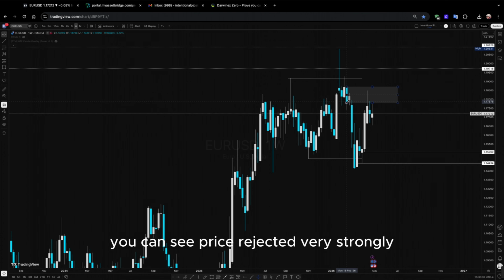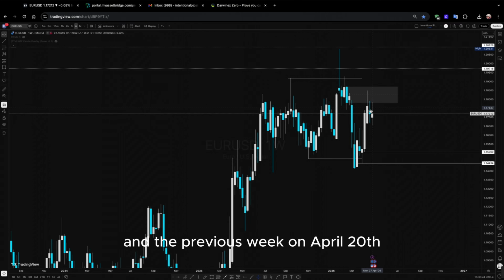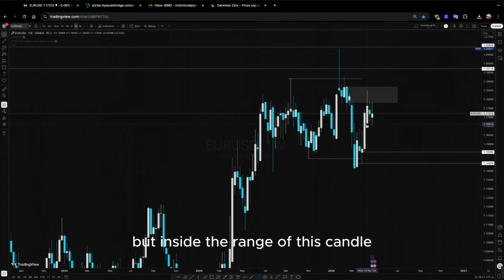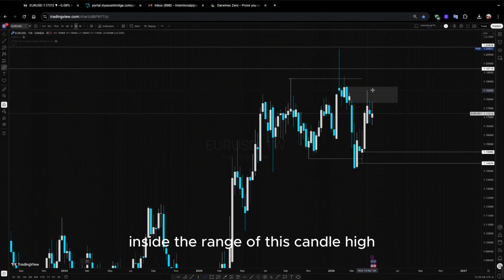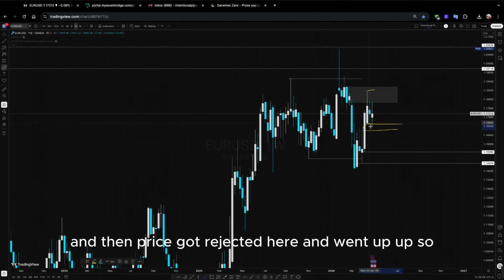You can see price rejected very strongly with a very long wick here, and the previous week on 20th of April we closed bearish, but inside the range of this candle high and this candle low. So that's why we went down last week into this fair value gap here, and then price got rejected here and went upside.